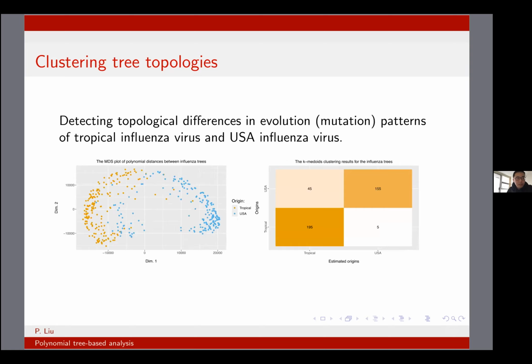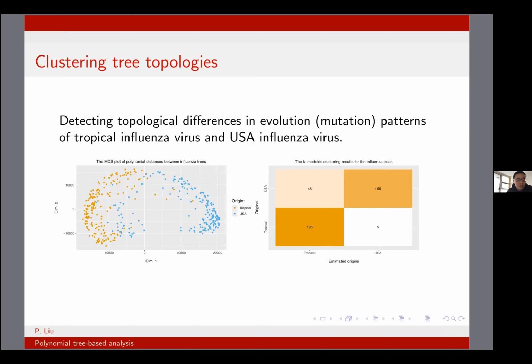Another thing we did is we also computed the distances between tropical influenza trees and USA influenza trees. All the dots on the left here are phylogenetic trees from DNA sequences sampled in tropical areas and in the USA.